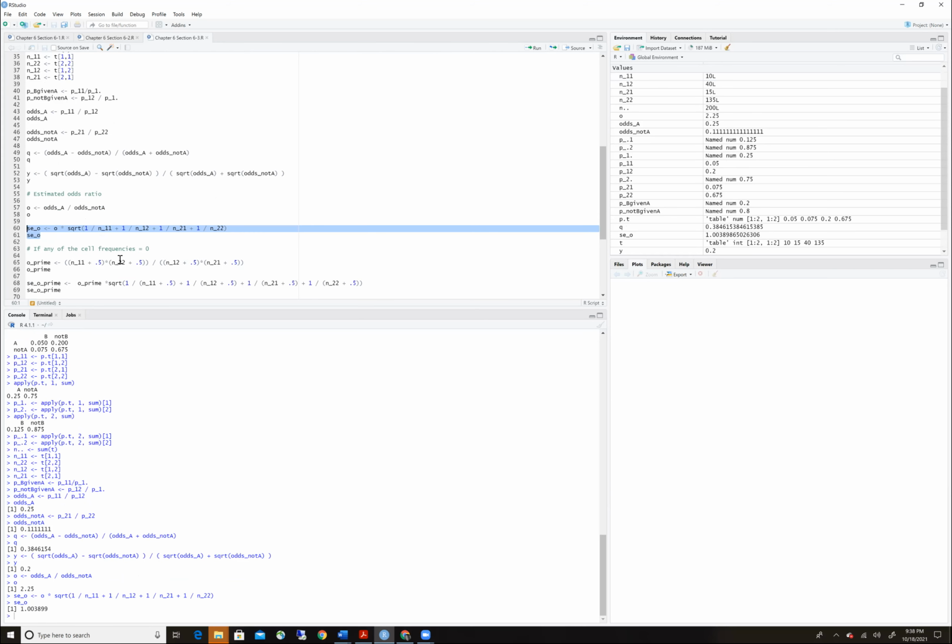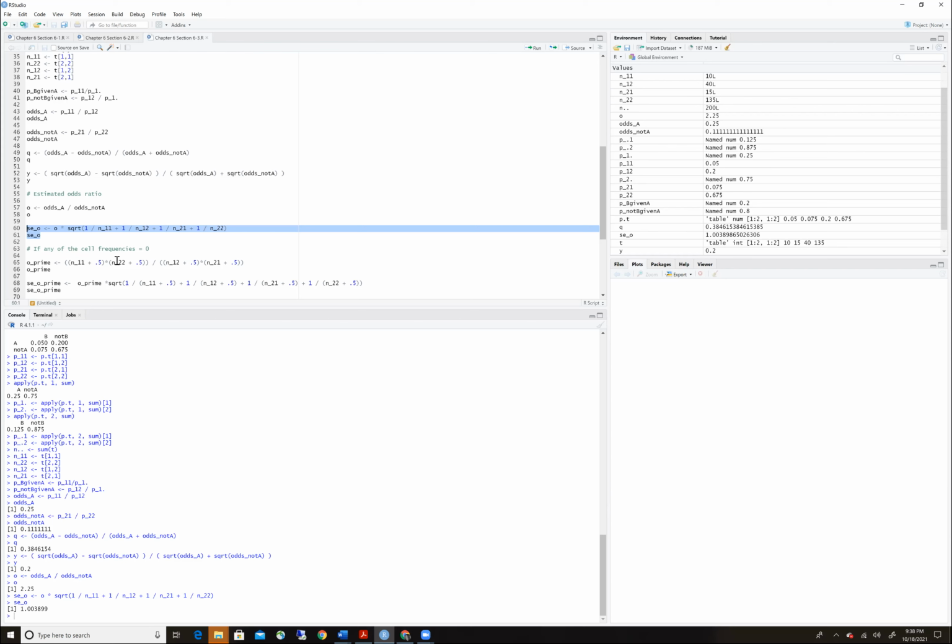And in our text, they also give us a modified version of the odds and the standard error, O prime and the standard error of O prime. These are given in equations 6.20 and 6.21.